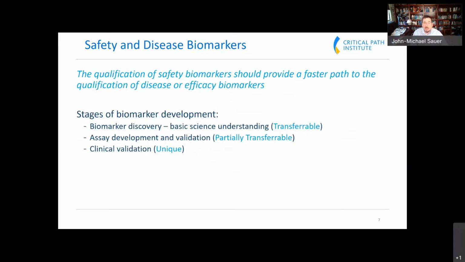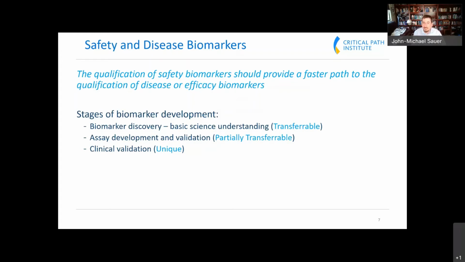So let's go ahead then and think about how we can leverage the data that's produced by any type of qualification project, right? We can start off with basic biomarker discovery, where we begin to understand the basic science behind the biomarker and why we think it's going to be a good biomarker for a given approach, right?